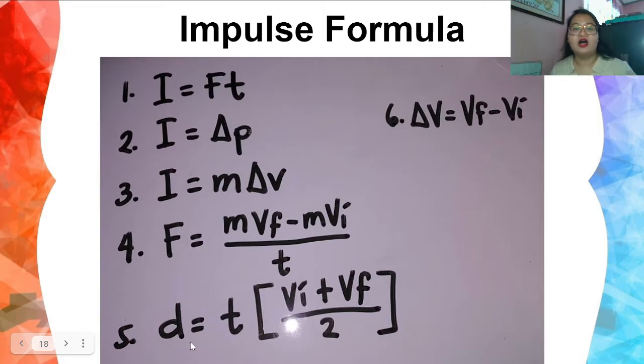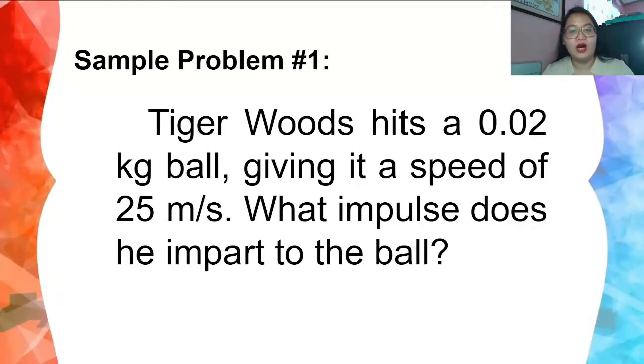How far did the car travel? Gaano kalayo yung narating ng object? In this formula, we have distance is equal to time times the initial velocity plus the final velocity divided by 2. To further understand how we are going to use this formula for impulse, let's have sample problem number 1.